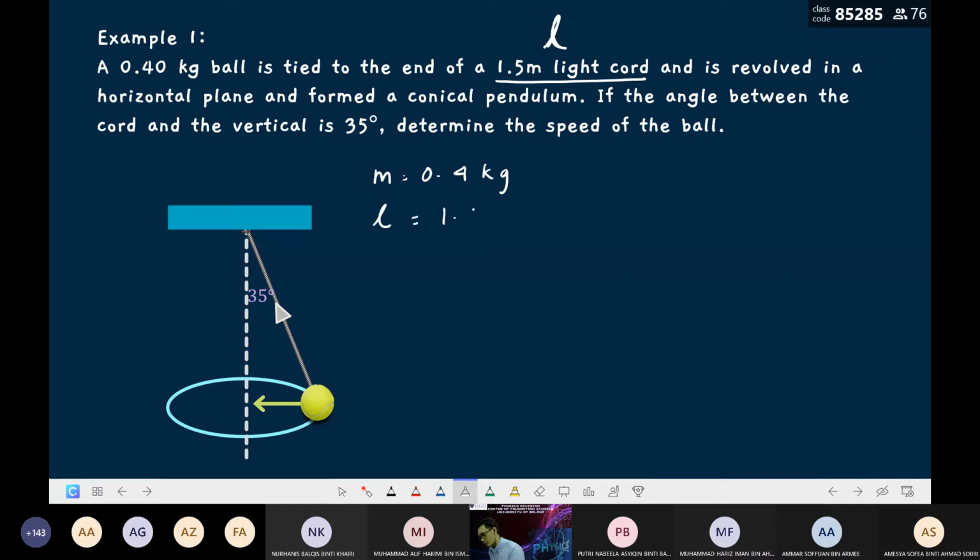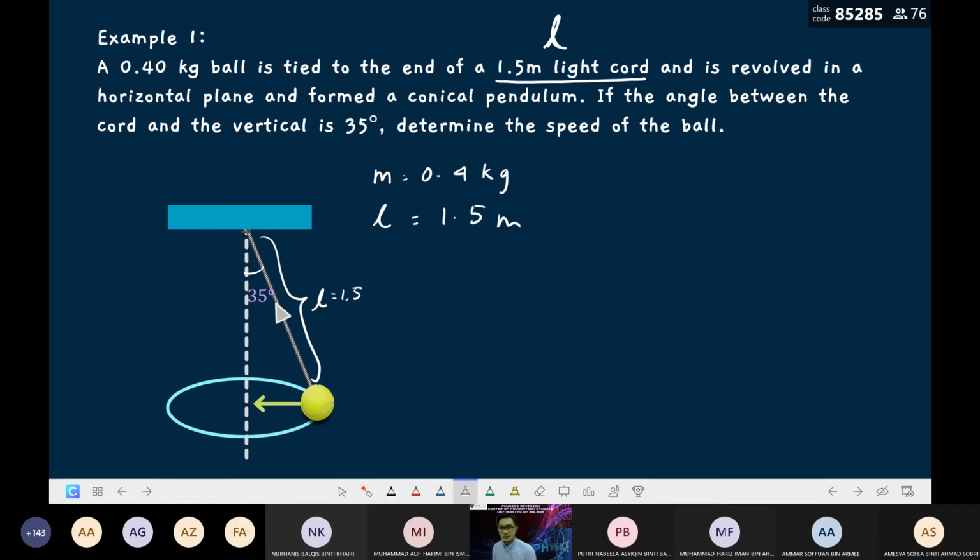Length is equal to 1.5 meter. It's this length, this is the L, 1.5. It revolves in the horizontal plane and forms a conical pendulum. If the angle between the cord and the vertical is 35 degrees, determine the speed of the ball.